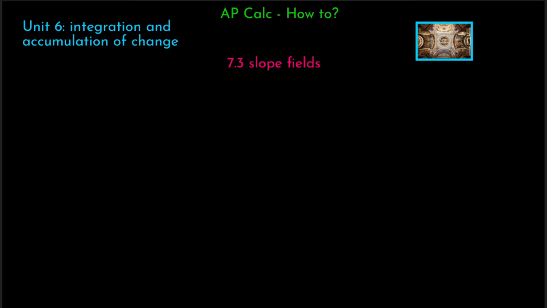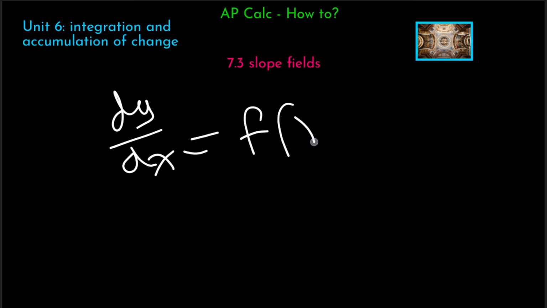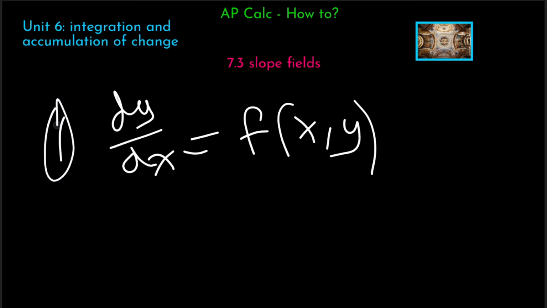So how do we construct a slope field manually? If you're given a differential like dy over dx equals f of x comma y, you're given a set of x, y points like a grid.